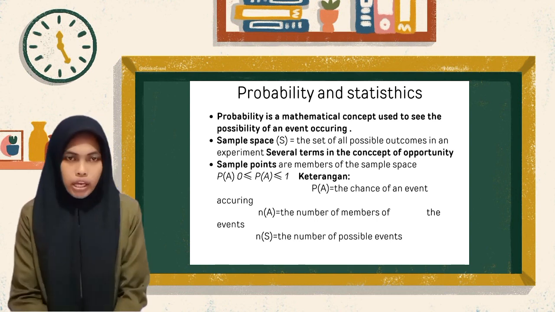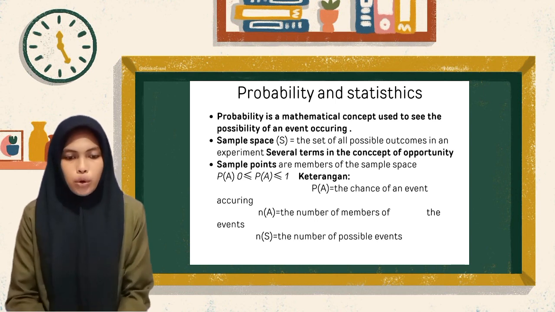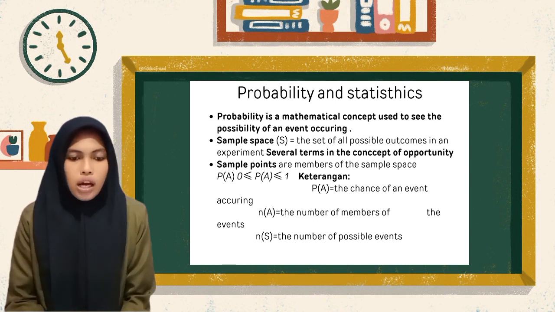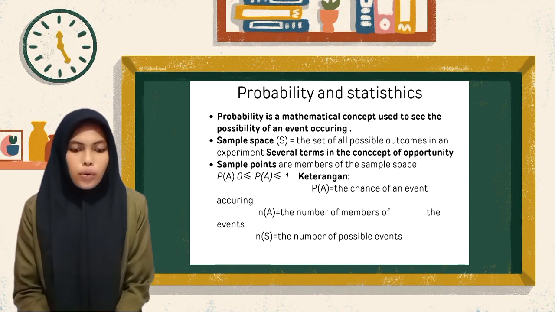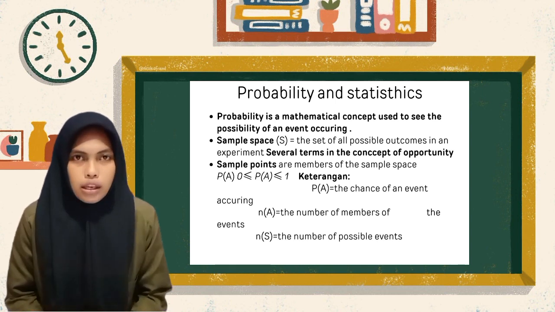P of A equals the chance of an event occurring. Next, N of A equals the number of members of the event. And then N of S equals the number of possible outcomes.